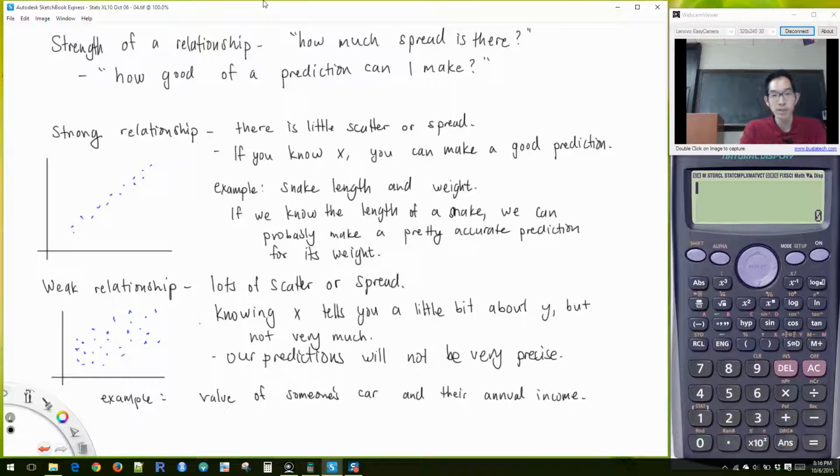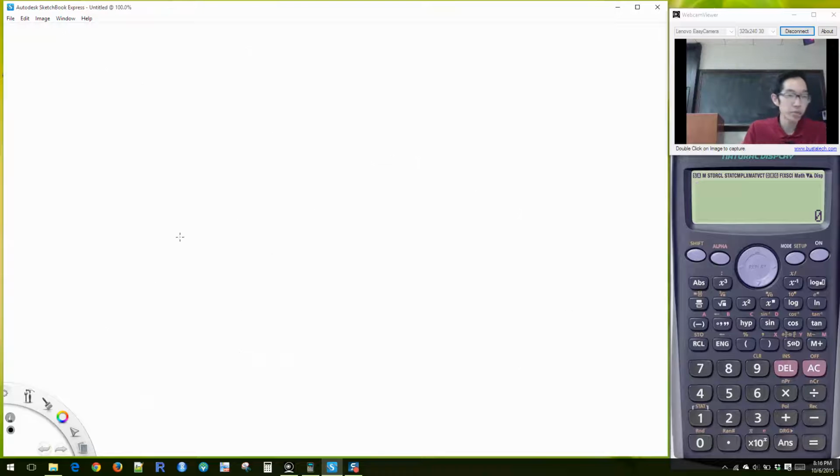Okay. And another thing that we need to be aware of is the shape or the form of a relationship. So all of the examples I've shown so far have been linear. Okay, so we're just going to classify relationships as linear or nonlinear, and maybe in a higher level statistics class you would break down the nonlinear ones into specific types.